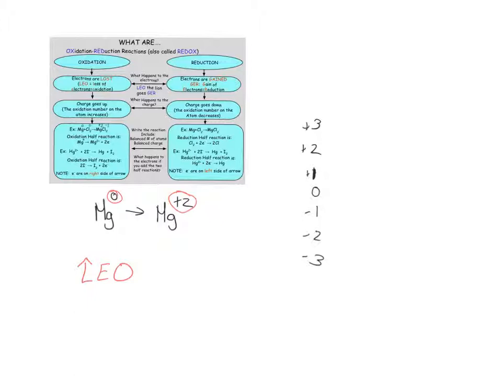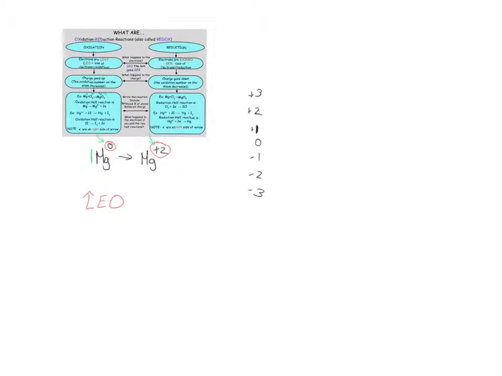You look at the oxidation number here and the oxidation number here, and there's a difference of 2. Because there's a difference of 2, and there's only one magnesium losing those electrons, you are losing 2 electrons.